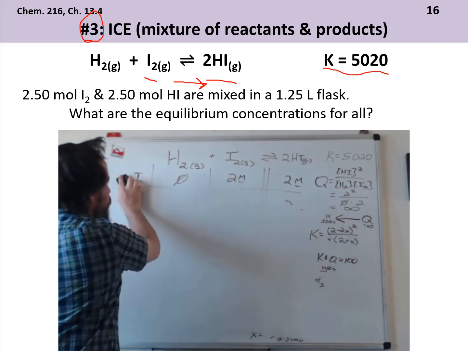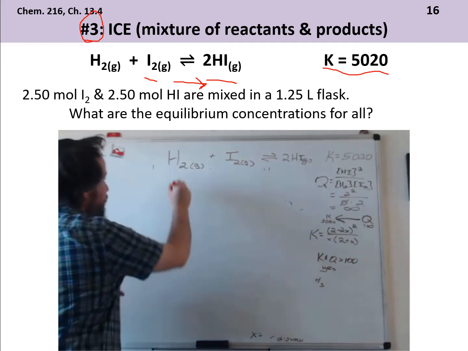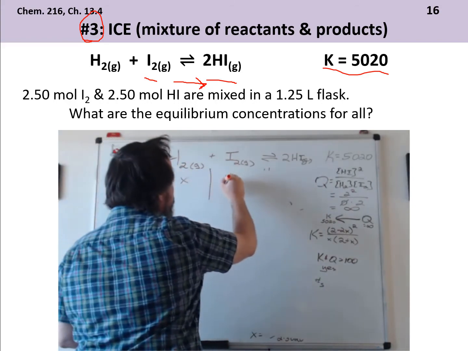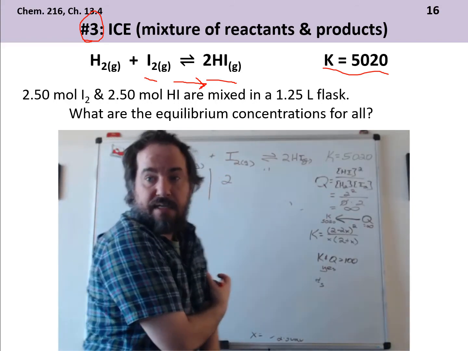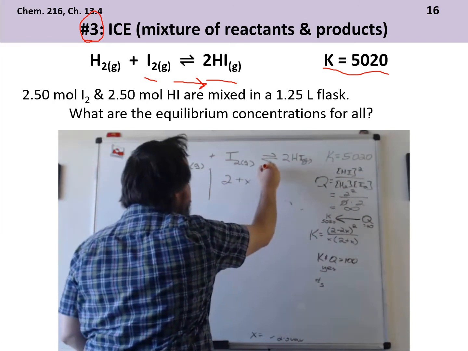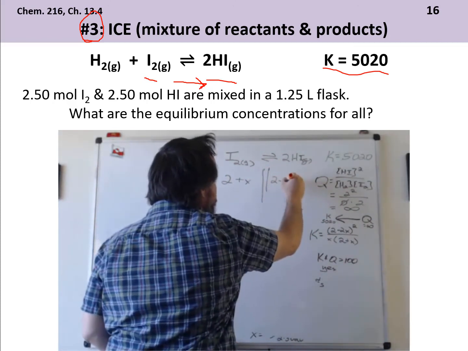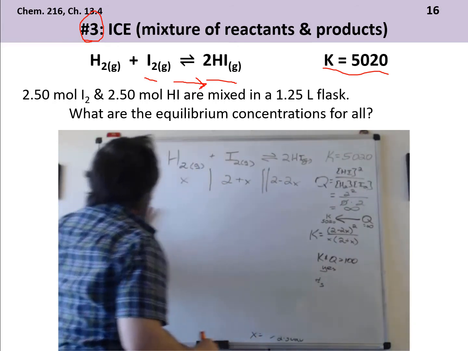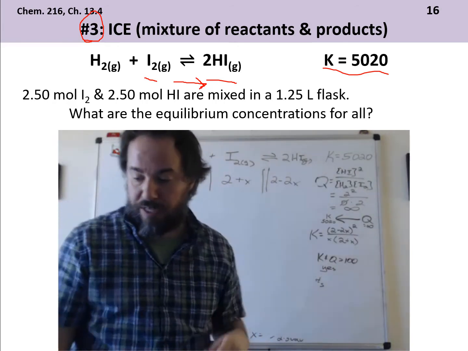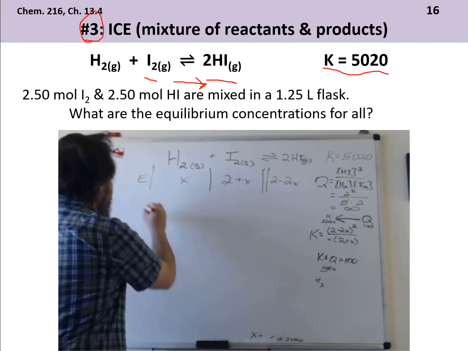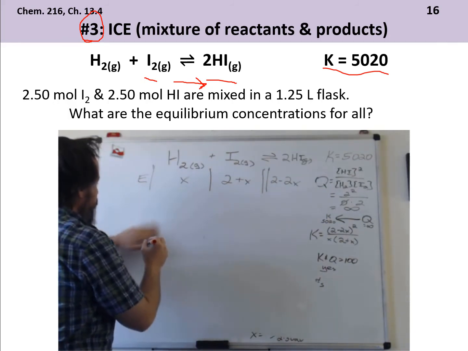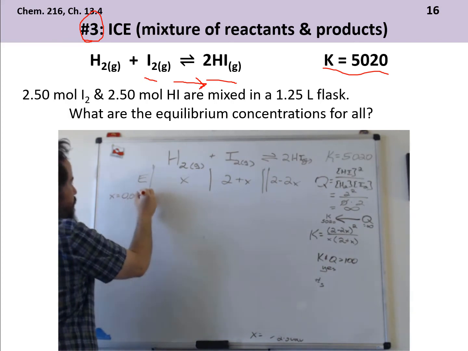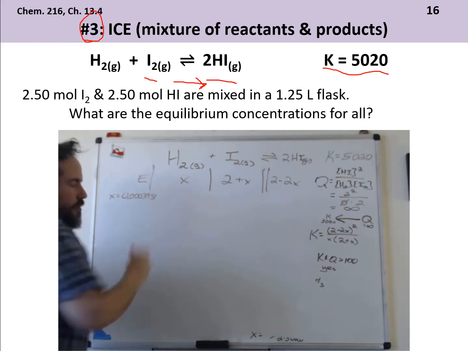Okay, so give ourselves some room. So this is x. This is 2 plus x. And this is 2 minus 2x at equilibrium. The nice thing about using the assumption is we only get one value, unlike when we use quadratic. So we had said x equal to 0.000398.